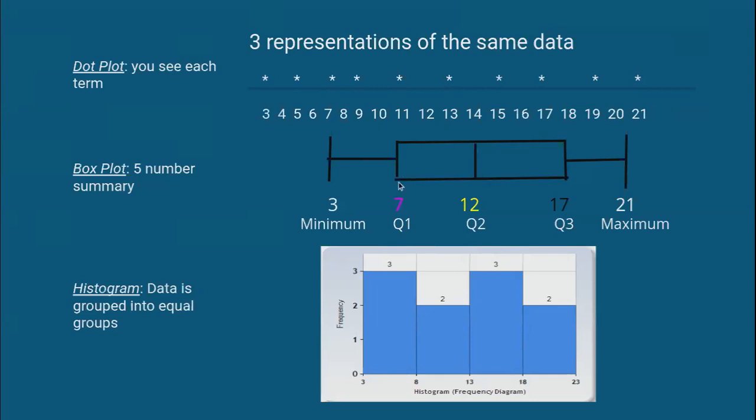You can tell where 50% of the data lies. 50% of the data lies in this box. Okay? So half of the data falls between 7 and 17. Okay?